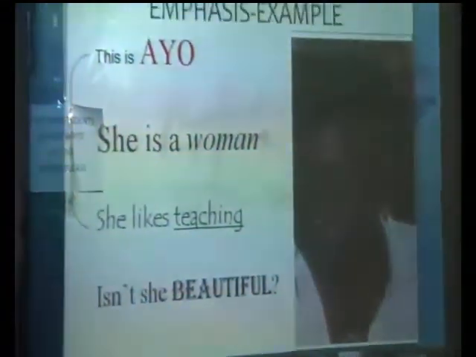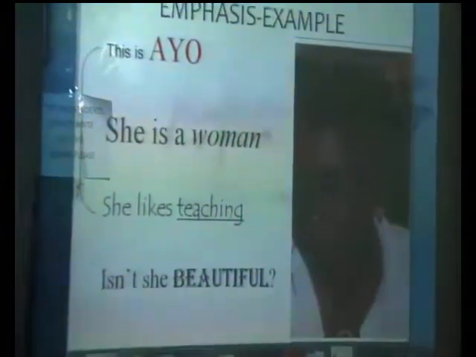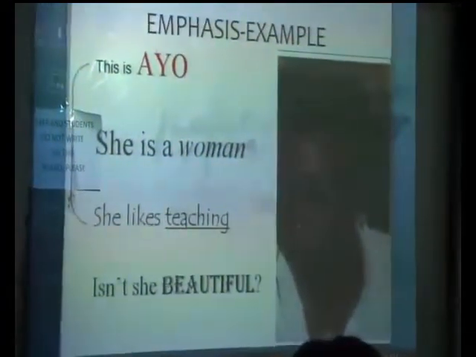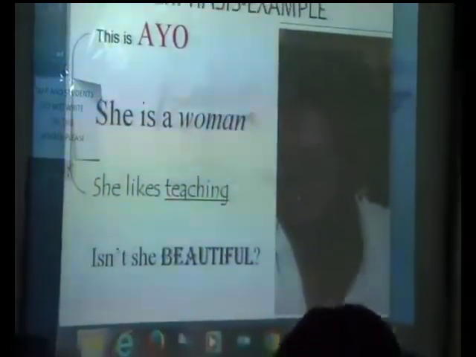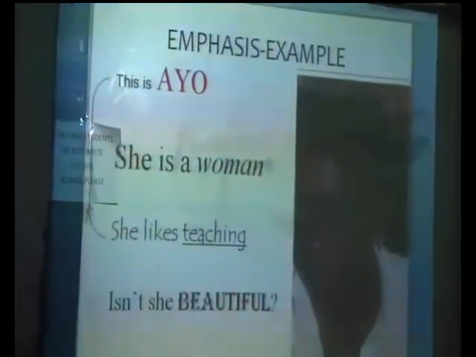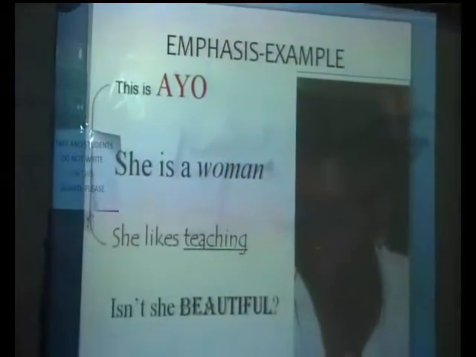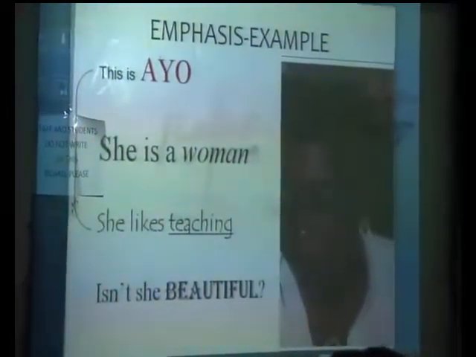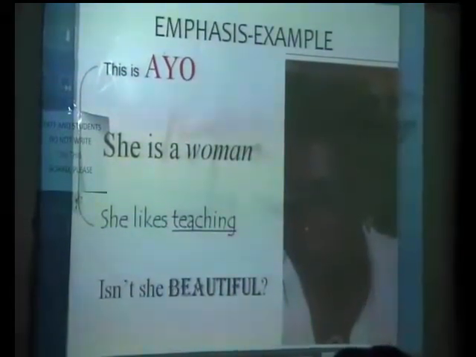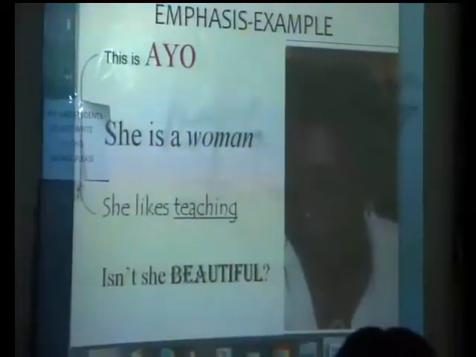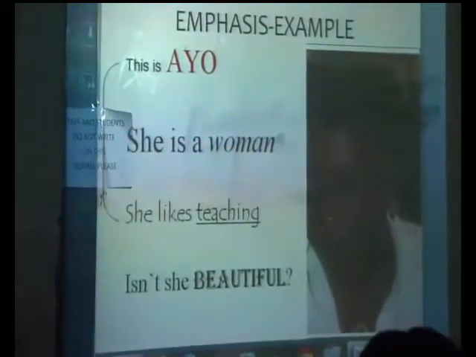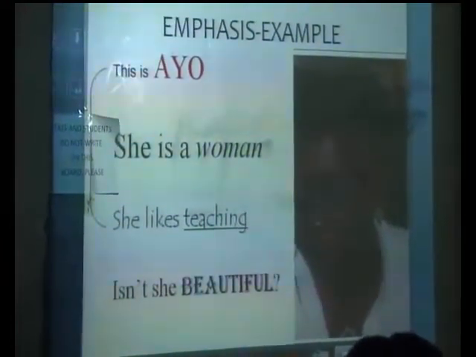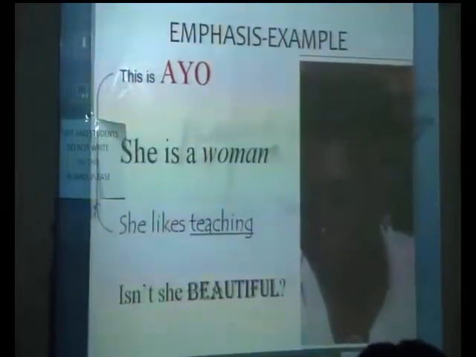Now this is an example, and we have used emphasis in different ways here. You can see that the picture, already if you see a poster like this, you know it's talking about this person. Isn't it so? Now, I want you to look at all the four statements there and tell me how emphasis has been achieved.